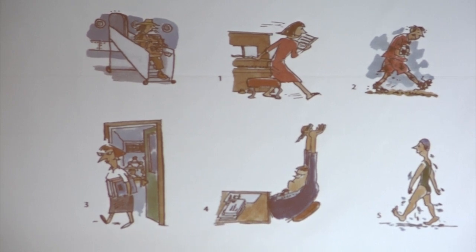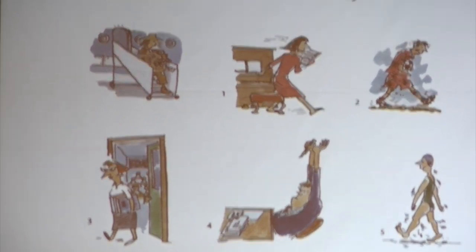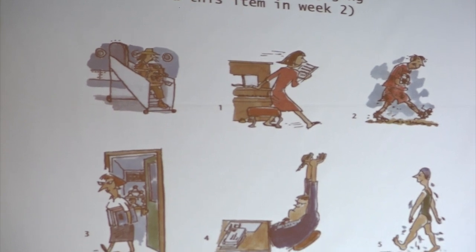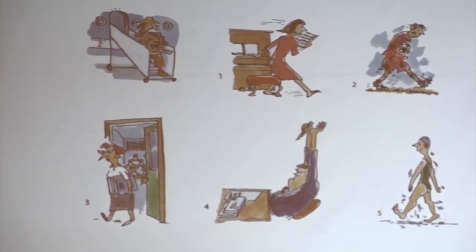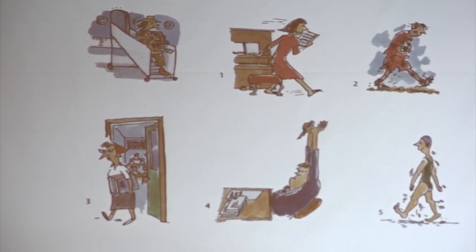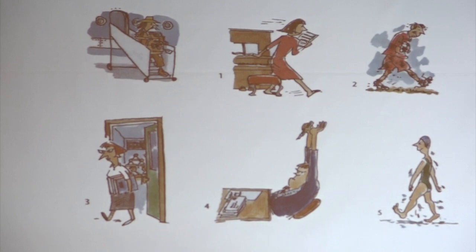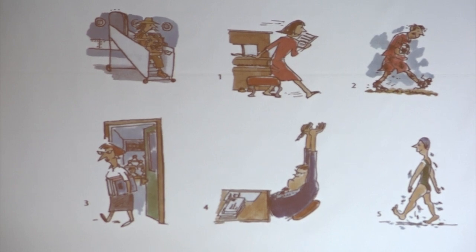Number one, can you say that for me? What do you think this lady has been doing? She's been maybe practicing the piano. Number two, the man has been playing maybe soccer or football. Number three, could be you.